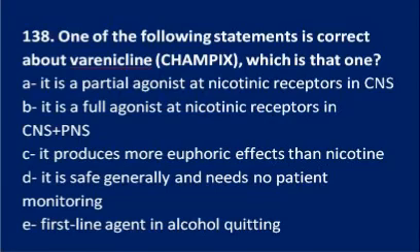A, it is a partial agonist at nicotinic receptors in the CNS. B, it is a full agonist at nicotinic receptors in CNS and PNS both, CNS being the central nervous system and PNS the peripheral nervous system. C option is it produces more euphoric effects than nicotine. D option is it is generally safe and needs no patient monitoring. And the last option is it is a first line agent in alcohol quitting.